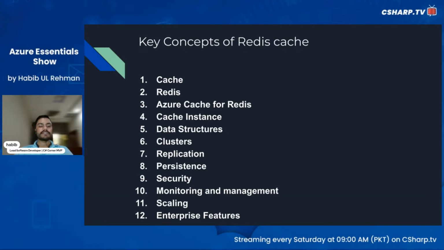Then we have security options. You can integrate Azure Cache for Redis with virtual networks to isolate cache instances within a private network, and you can manage access by role-based access control or integration with Azure Active Directory as well. We also have encryption options.